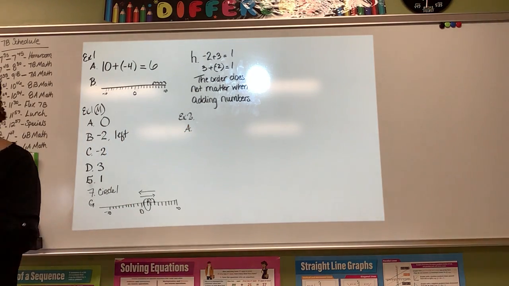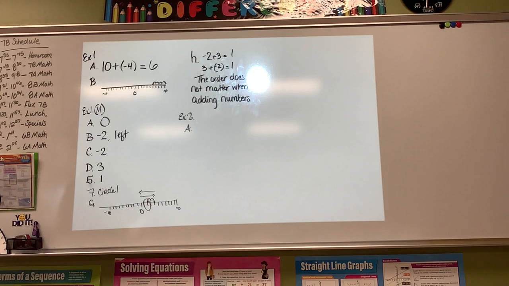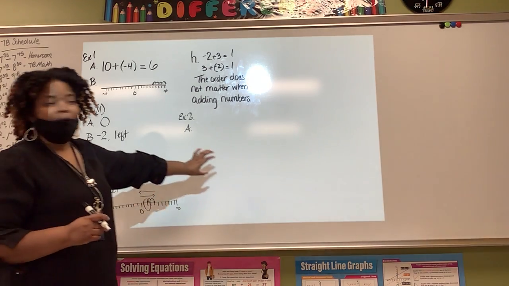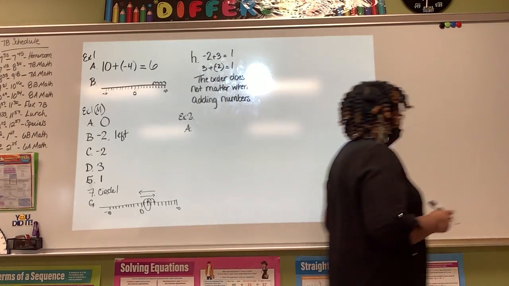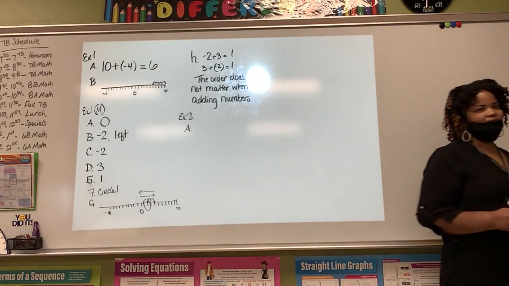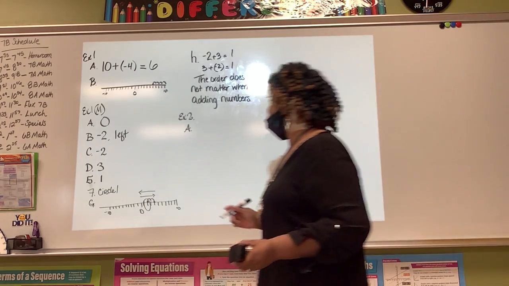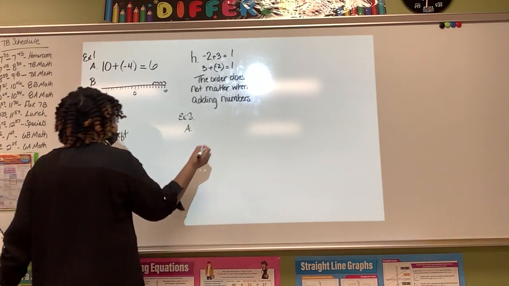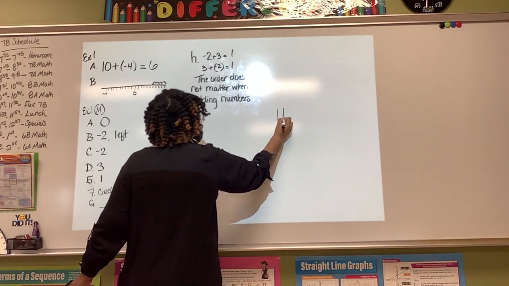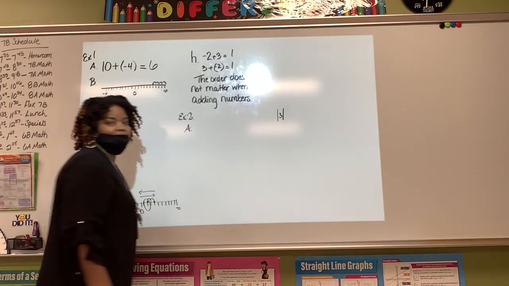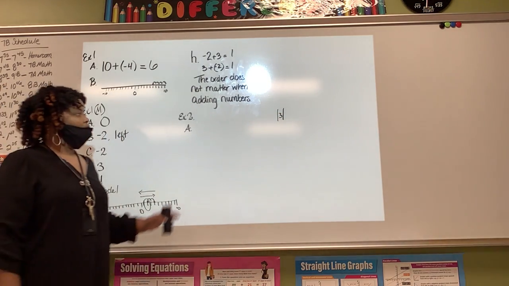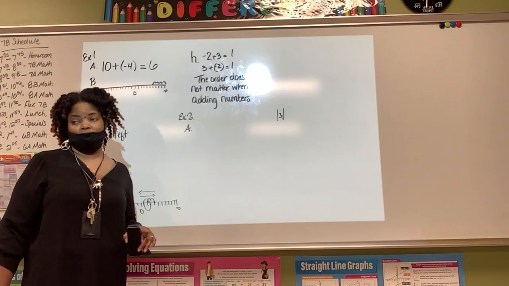Okay, it says, how does absolute value determine the arrow length for -2? Use the number line to help you. Now, don't write this. I'm going to show you what absolute value is. Did we talk about absolute value yesterday? Yes, I believe we did. I told you that the lines look like so, with a number in the middle of it. Okay, so that means absolute value.